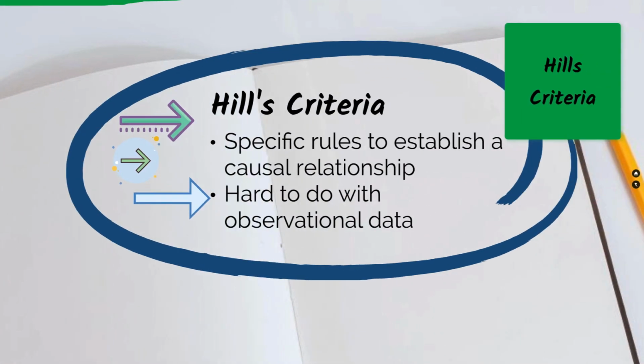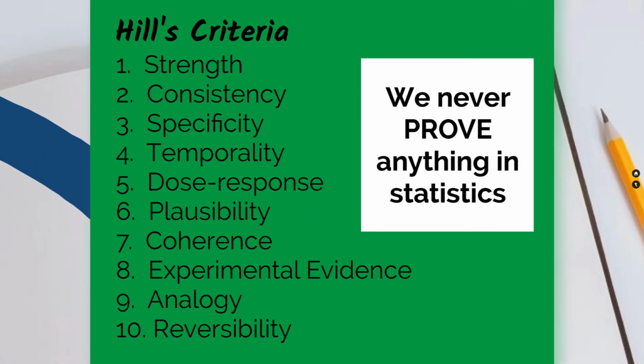Hill's criteria are specific rules to establish a causal relationship. Again, this is hard to do with observational data, but not impossible. There are 10 Hill's criteria: strength, consistency, specificity, temporality, dose response, plausibility, coherence, experimental evidence, analogy, and reversibility.